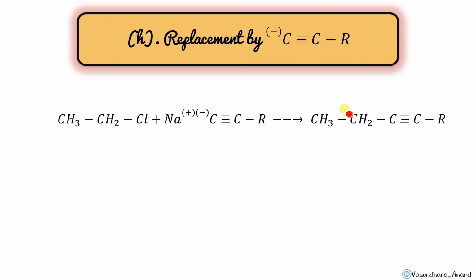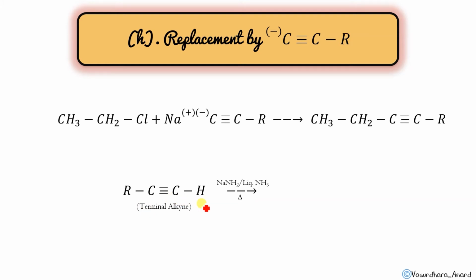We can use it directly, in one step, to form an alkyne from an alkyl halide. Whatever the alkyne, we can take the sodium alkynide accordingly and form this compound. Got it? Okay. So how it forms: first, this R is the terminal alkyne.